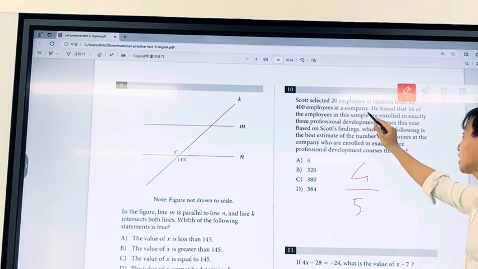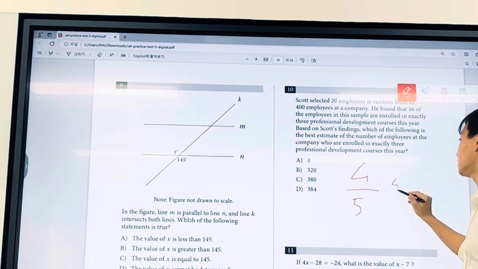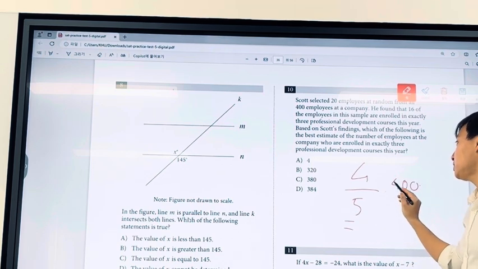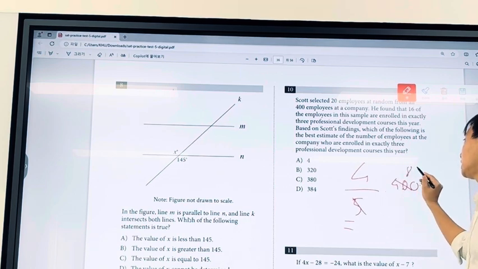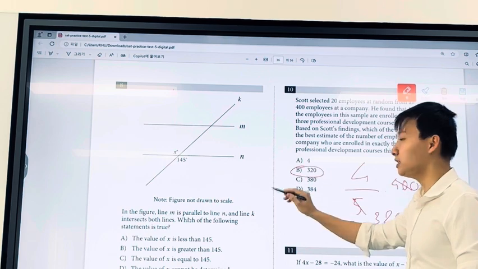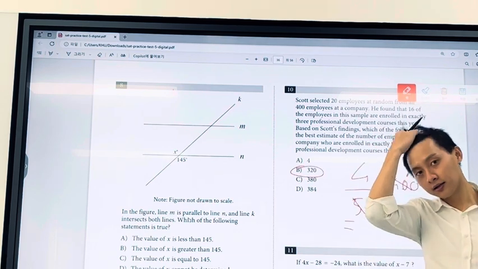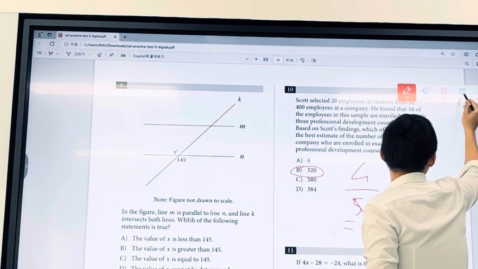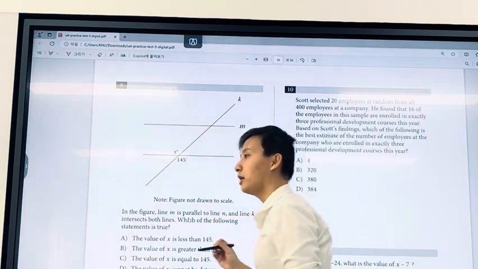So we multiply by the total number of employees. You simplify it, and it's going to be 320. Is the answer B? Yes, this is a basic question. Try to practice more.